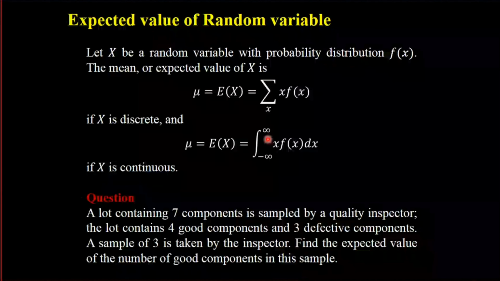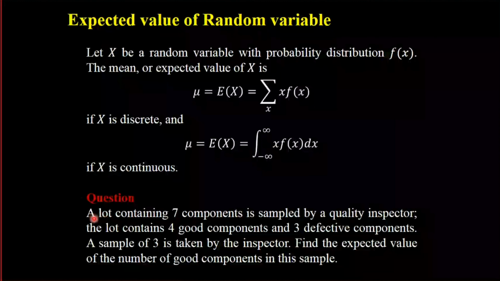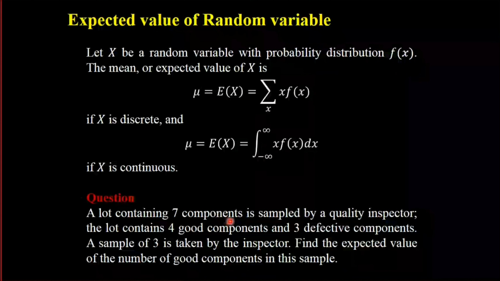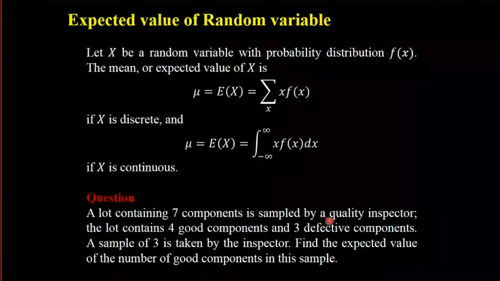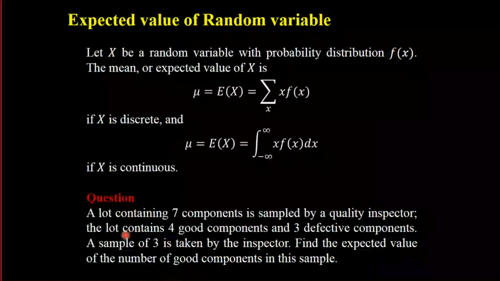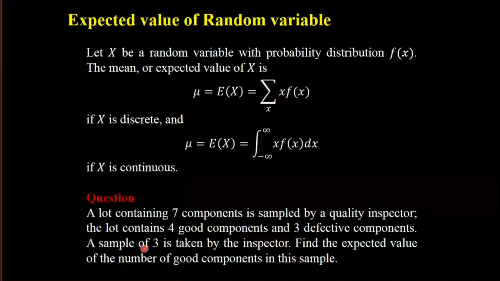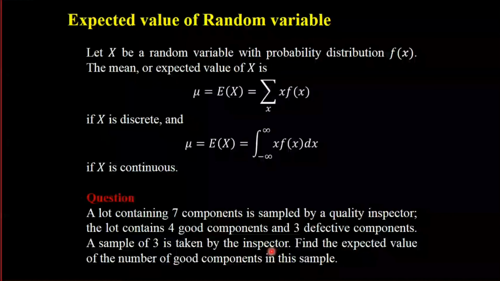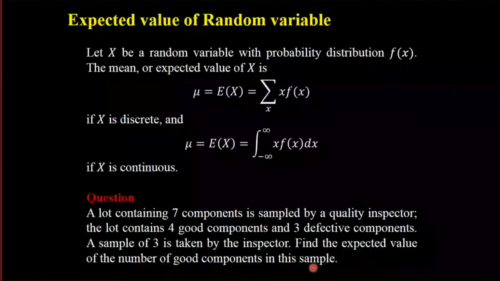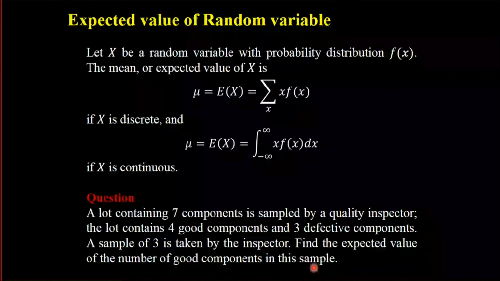Clear? So we have a question. A lot containing 7 components is sampled by a quality inspector. The lot contains 4 good components and 3 defective components. A sample of 3 is taken by the inspector. Find the expected value of the number of good components in this sample. Understand the problem?